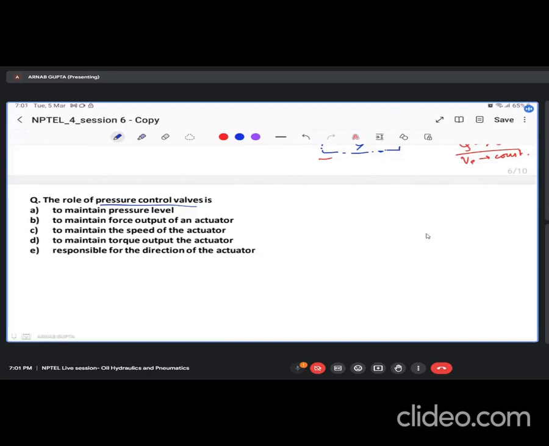Different types of valves are there based on from where we are reading the pressure. It can be from the upstream or the downstream, and whether it is normally open or normally closed. Based on that, we are using it in different applications.